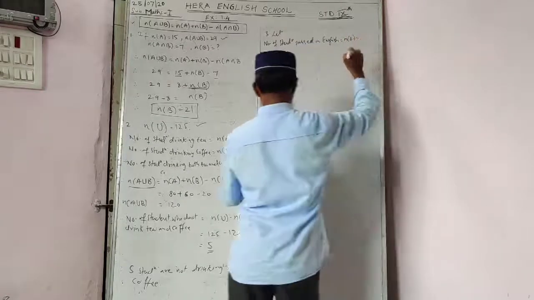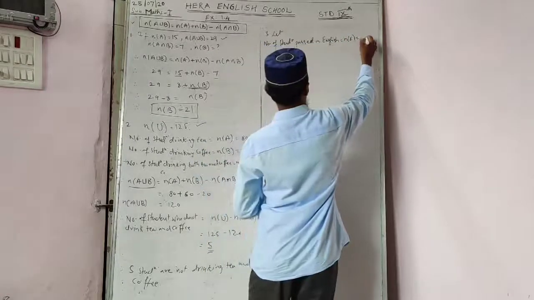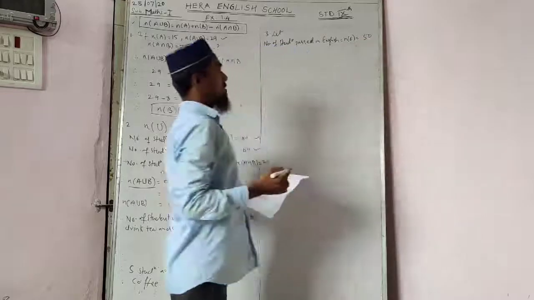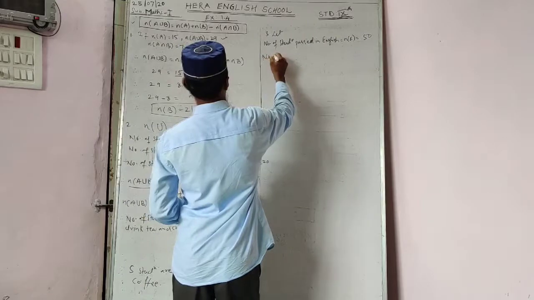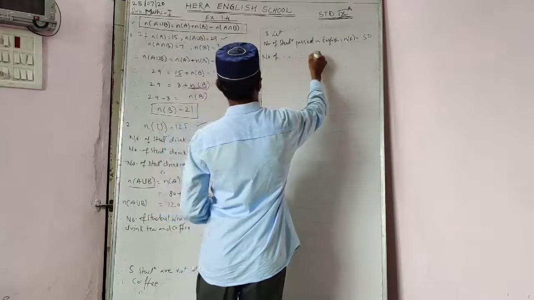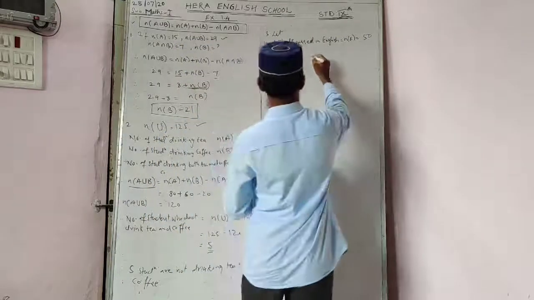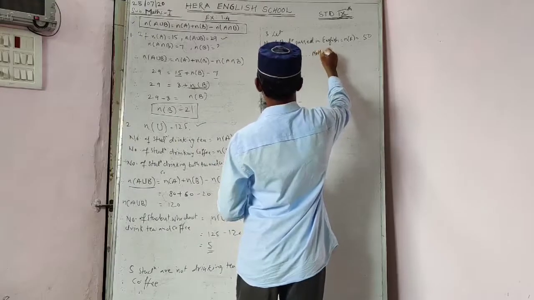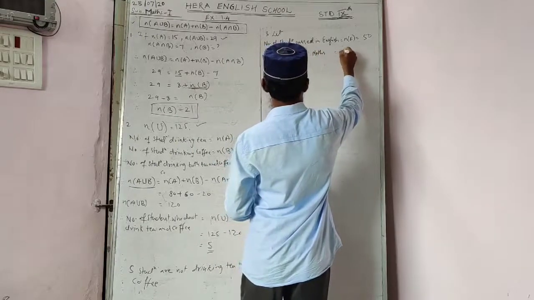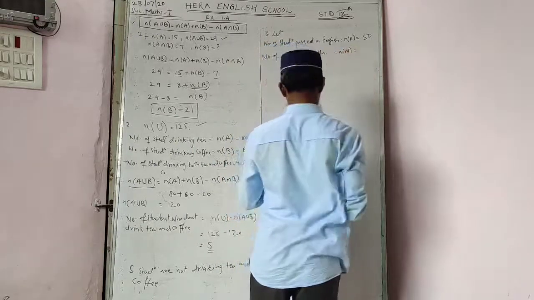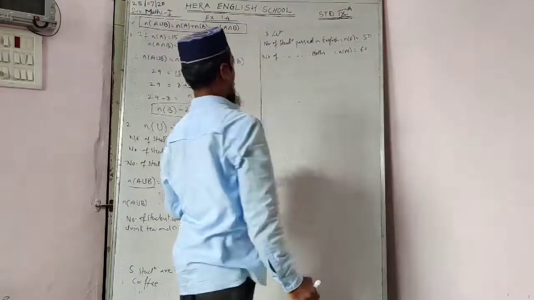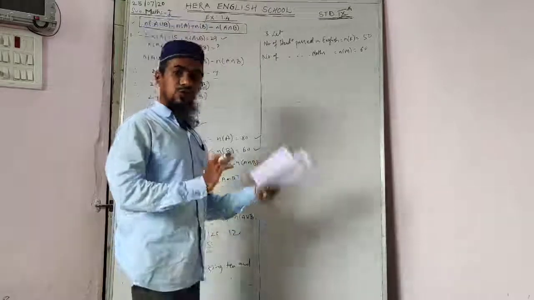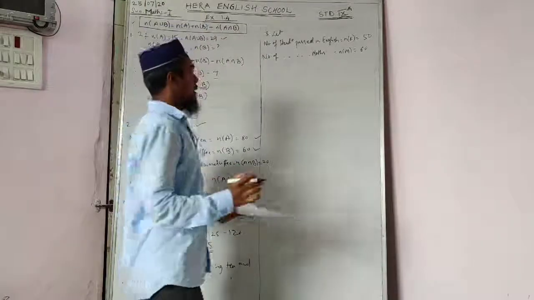That is, we are given 50 students who passed in English, and number of students passed in maths we are given, we are taking number of M. Okay, they are 60, and the students which passed in both subjects, maths as well as in English.